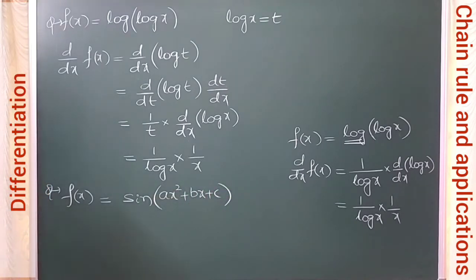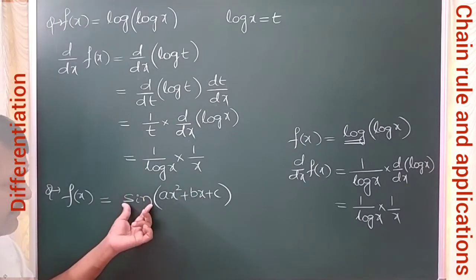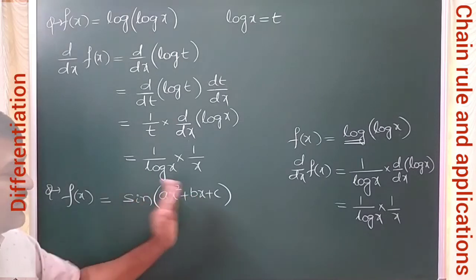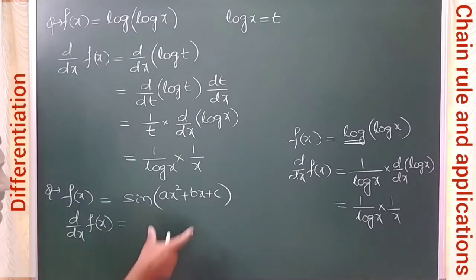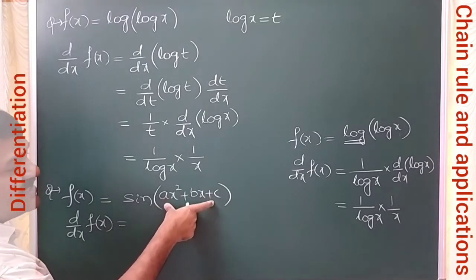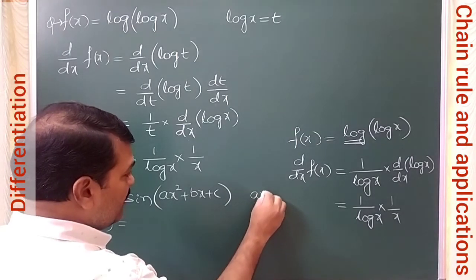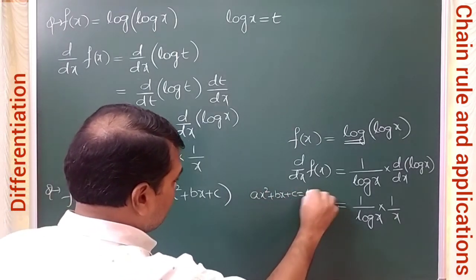So this is also function of function, a trigonometric function of a polynomial function. Function of function again you have. So for the derivative of f of x, since this is function of function, take this internal function as t. That means you take ax square plus bx plus c as t, for example.